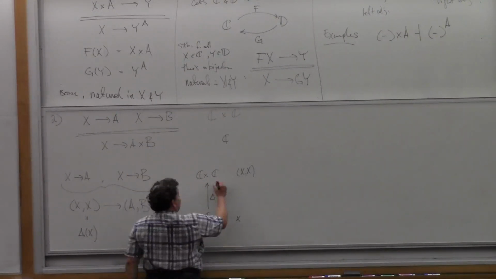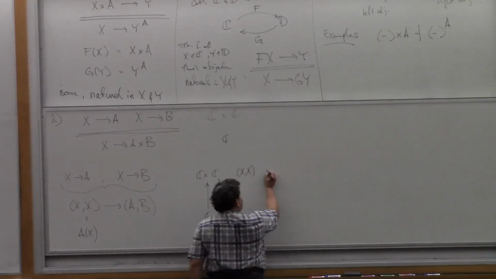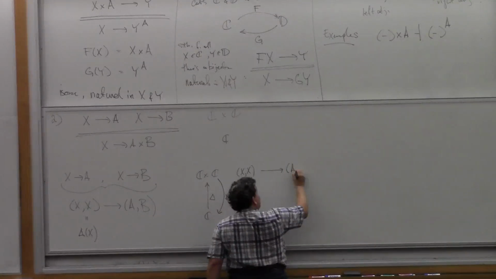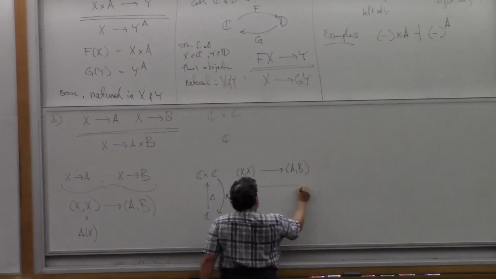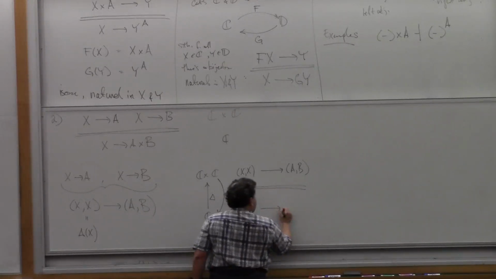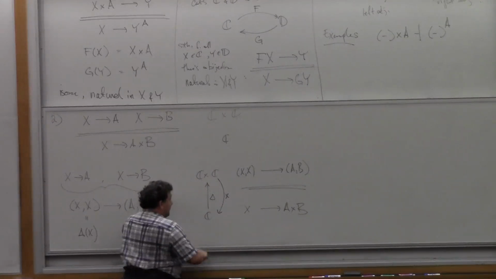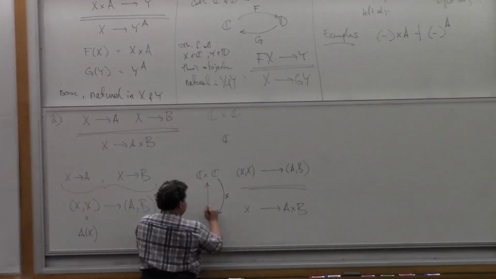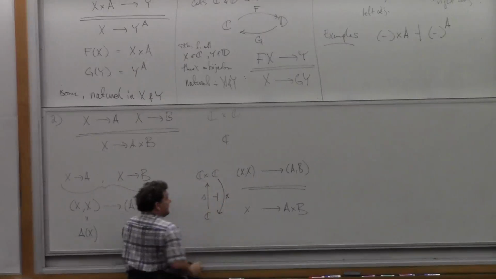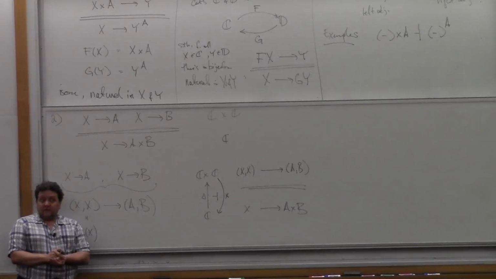That will correspond exactly here to the product of A and B. So on the top of the line, I have something like this. And on the bottom of the line, I have x mapping into A cross B. So that's exactly saying that this operation delta is left adjoint to the product operation. Good? Everybody see it? Yep.